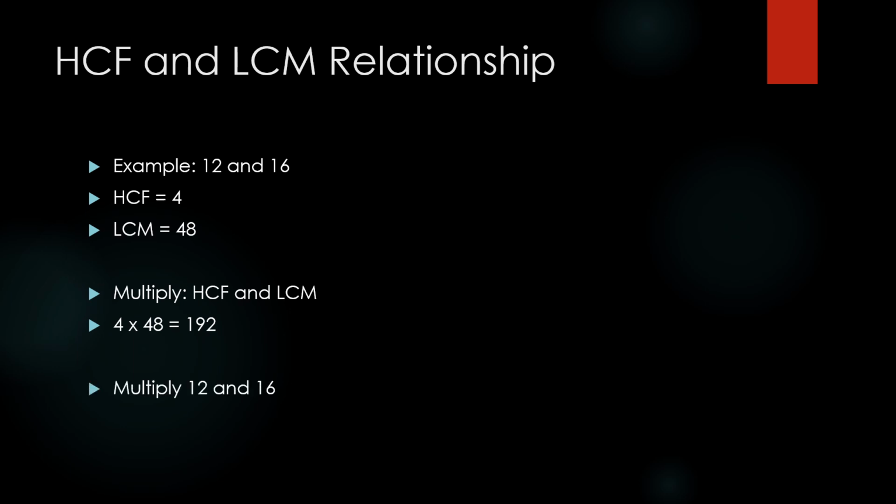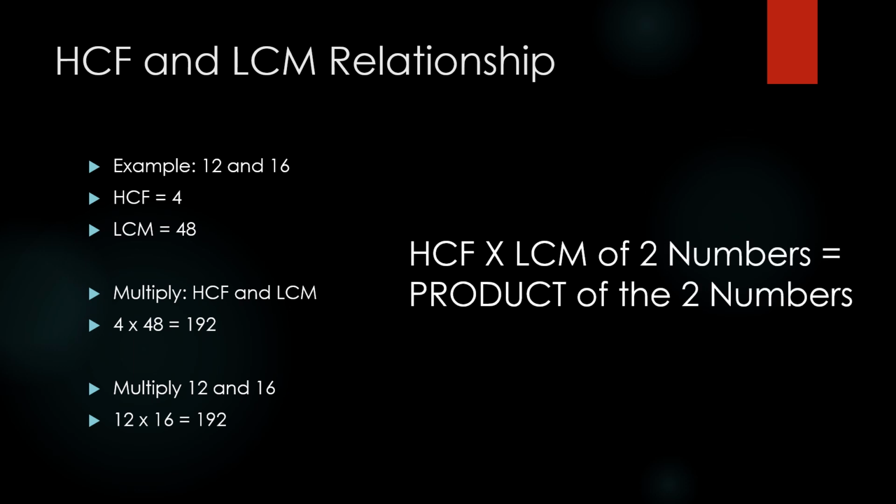Next, what happens if we multiply 12 and 16? 12 multiplied by 16 is 192. So what do we see here? We see that when we multiply the HCF and LCM of two numbers, it is the same as the product of the two numbers.